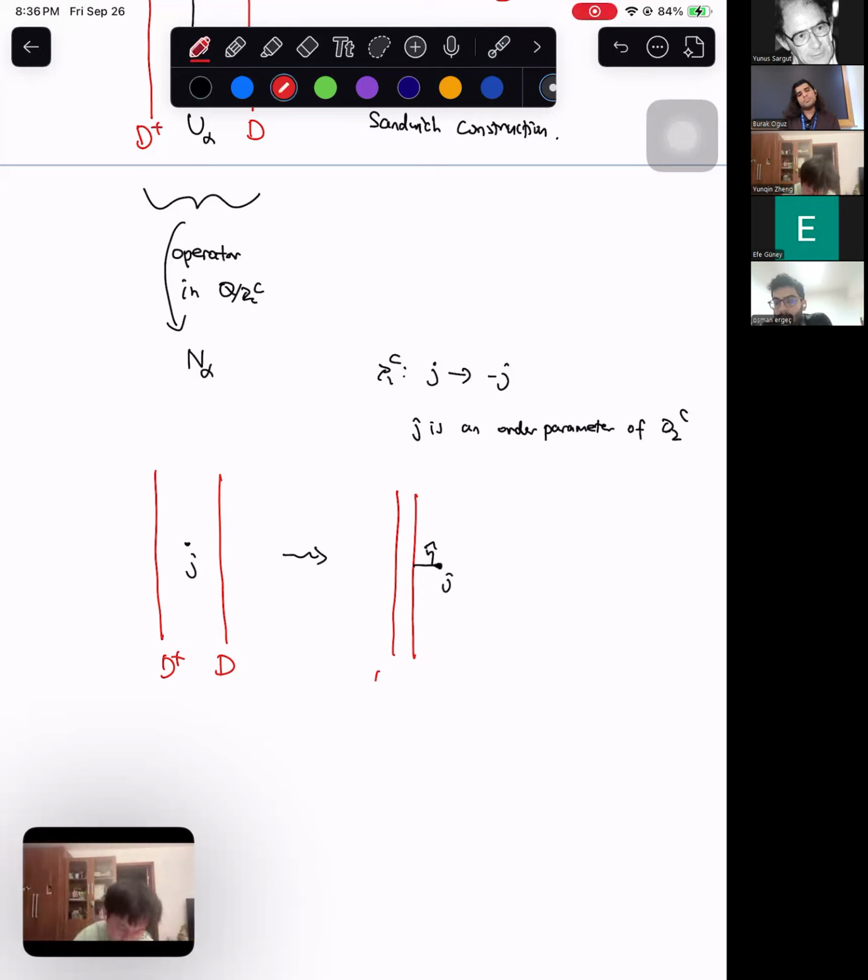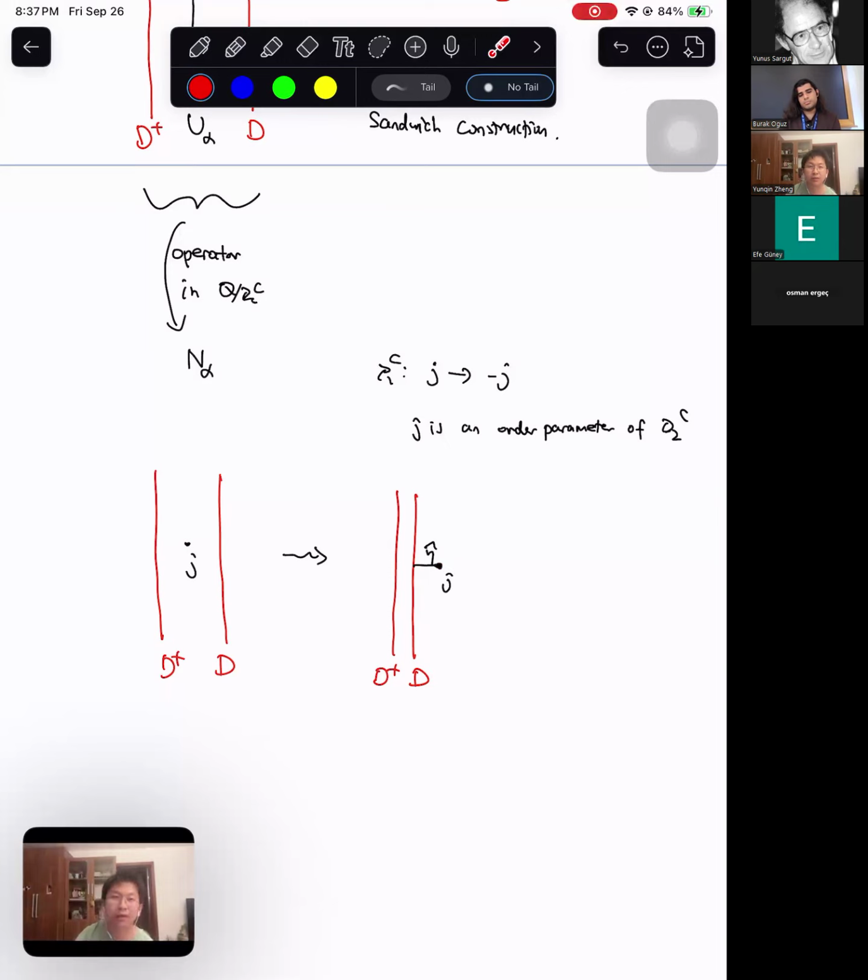So this is D dagger D. This is quite like the Ising model, where you have an order parameter, but in the dual Ising model, which you get after gauging the Z2 symmetry, you get a disorder parameter. And the same thing happens here. So the order parameter on one side of the duality interface becomes the disorder operator on the other side.